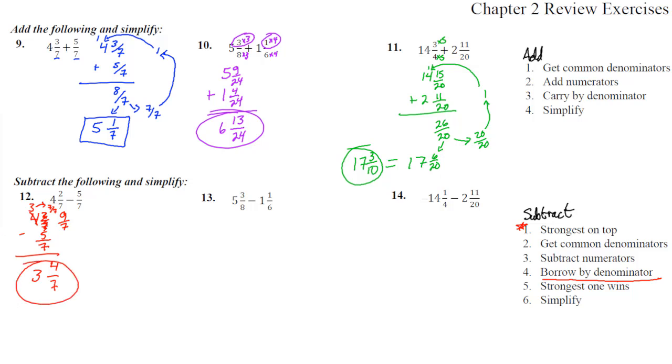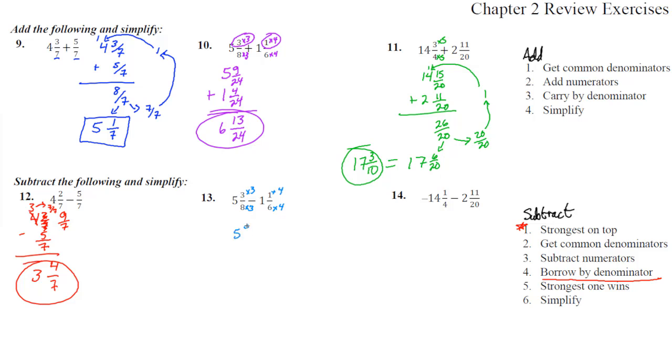Next one, number 13. 5 3/8 minus 1 1/6. So again, common denominator is 24. And times by 3, times by 3, times by 4, times by 4. Okay, that's a common denominator. Now the strongest one goes on top.